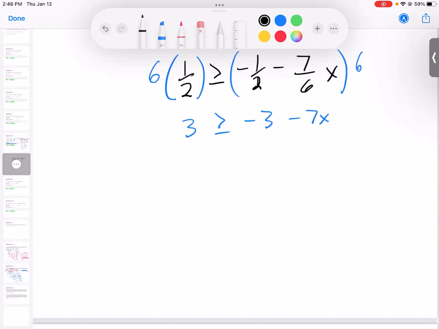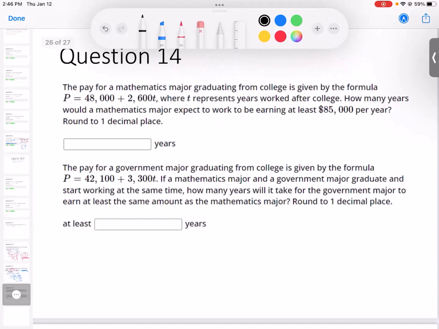This part of the question, am I taking this equation and this equation and creating an inequality between them? Yeah, so what we're looking for is how many years will it take for the government major to earn at least the same amount as the math major? So it'd be like that pay less than or equal to the other pay. Yeah, so which one was it?